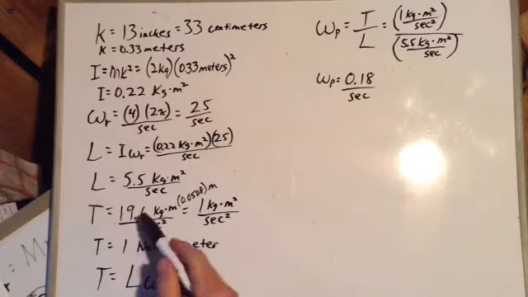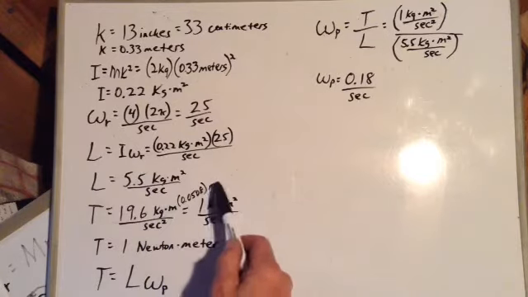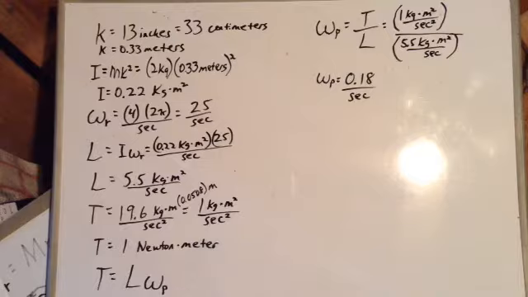So we have kilogram meters times meters, which is kilogram meter squared, divided by a second squared. So kilogram meter squared per second squared, which is a Newton meter. A Newton is a kilogram meter per second squared. So a kilogram meter per second squared times a meter is a kilogram meter squared per second squared.